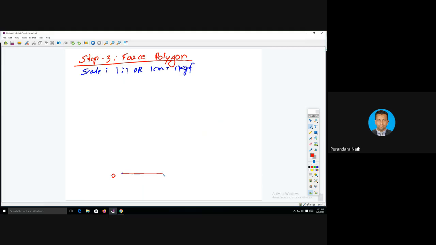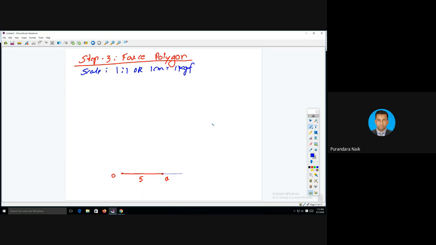After drawing the 5 centimeter line, you need to mark the point. This point is A, and the length of the line is 5 Newton or 5 kg. So this is the starting point and this is the end point. Next, draw a reference line from point A. From point A, the reference line is always 0-degree. Just draw a very thin line of any length, 2 or 3 centimeter, no problem. It indicates it's a reference line.